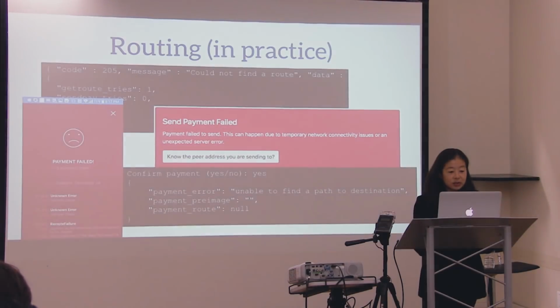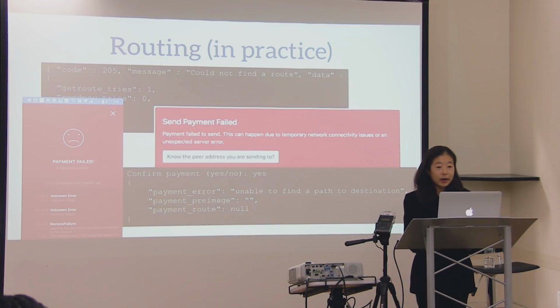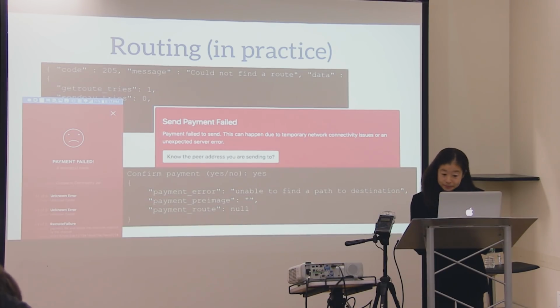In theory it works, but in practice we often get a lot of errors, and sometimes the payment failure feedback isn't really good. Then people complain, and concern trolls will say Lightning doesn't work and routing won't work. Our goal is to make this happen as infrequently as possible.